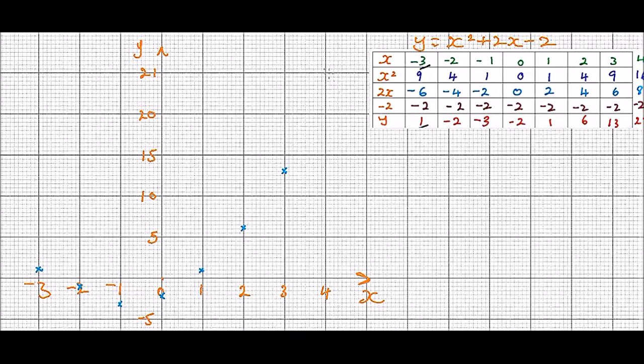So 20, this is 25. So we have 21, 22. We have our mark there. With these points, we will be able to plot the quadratic graph represented by this function.